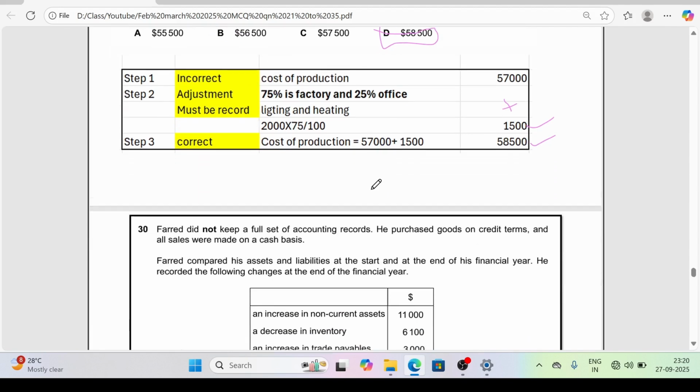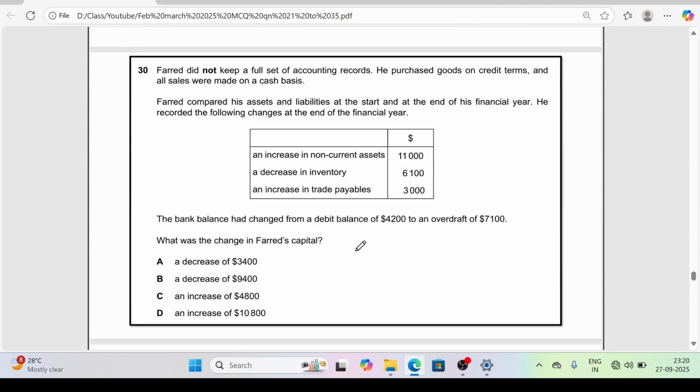Okay, so let's move to question number 30. Farad did not keep a whole set of accounting records. He purchased goods on credit terms and all sales were made on a cash basis. Farad compared his assets and liabilities at the start and at the end of the financial year. He recorded the following changes at the end of the year.